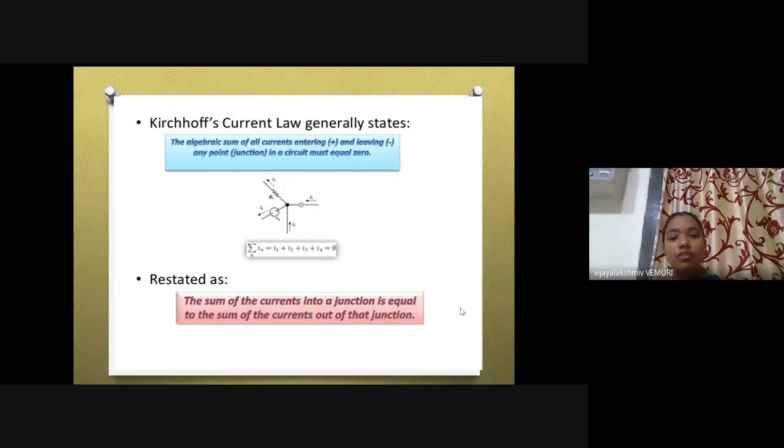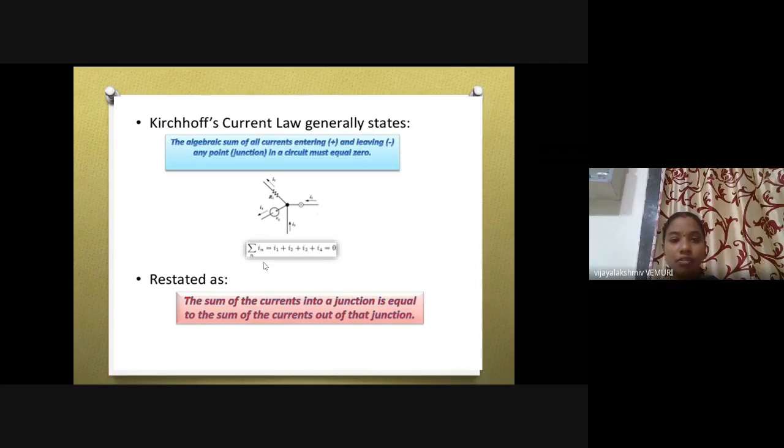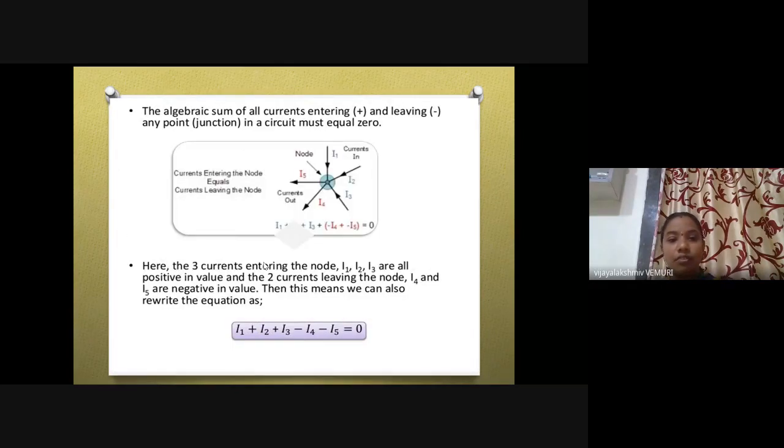Next, that is the equation for KCL: the algebraic sum of the currents entering and leaving the junction or a point in a circuit must be 0. The sum of the currents entering is equal to the sum of the currents leaving the junction, which is also called KCL. Observe here: how many currents are entering?